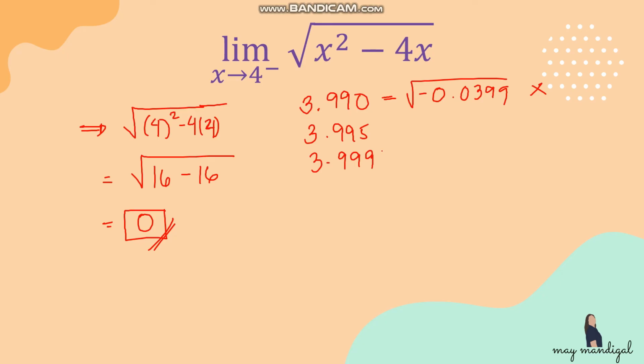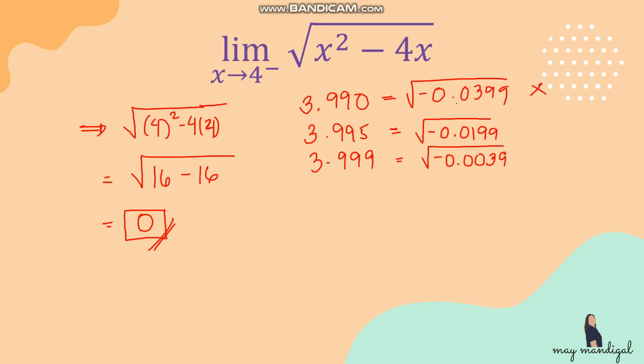So for the next one, this will become the square root of negative 0.0199. And then for 3.999, it will become the square root of negative 0.0039.